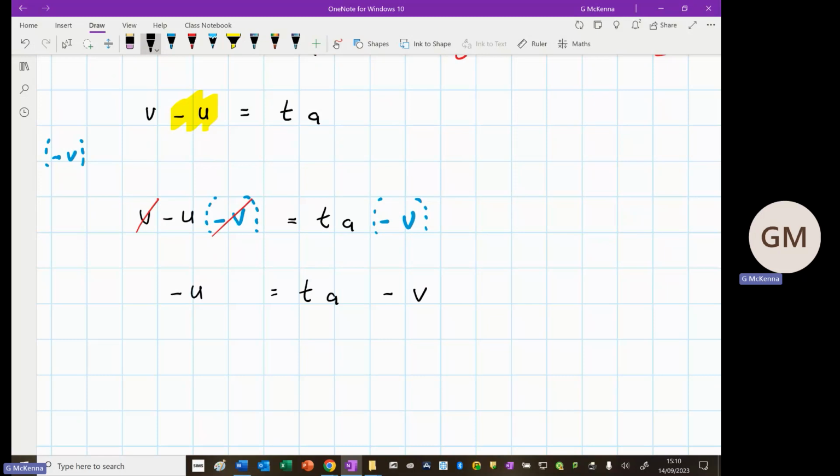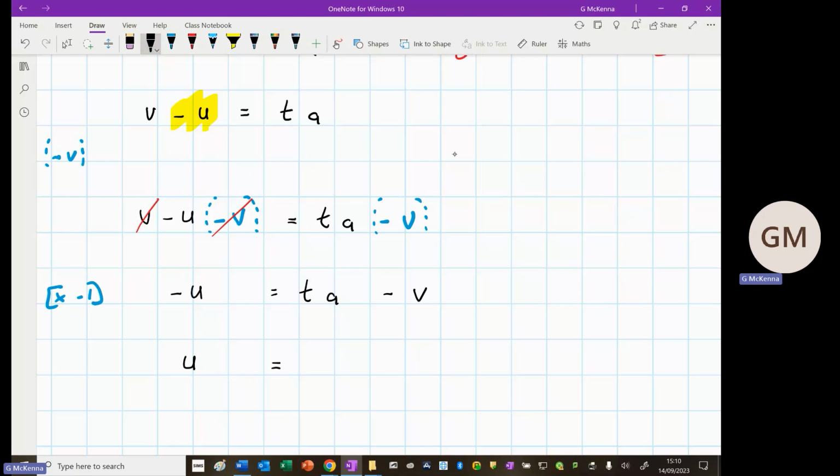Now at this stage, this minus here might cause us some problems. The easiest way I feel to deal with that is to multiply everything in the equation by minus 1. So if we multiply minus u by minus 1, we quite simply change the sign, it becomes plus u.